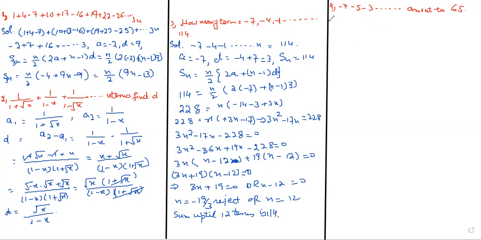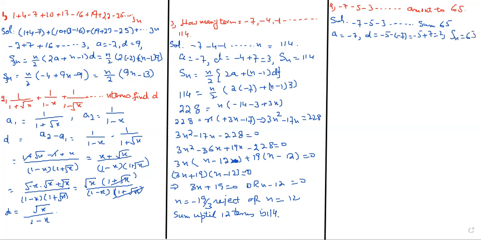So the solution is: the terms are minus 7, minus 5, minus 3, sum 65. So here we have a equals minus 7, d equals minus 5 plus 7, which equals 2, and Sn is equal to 65.